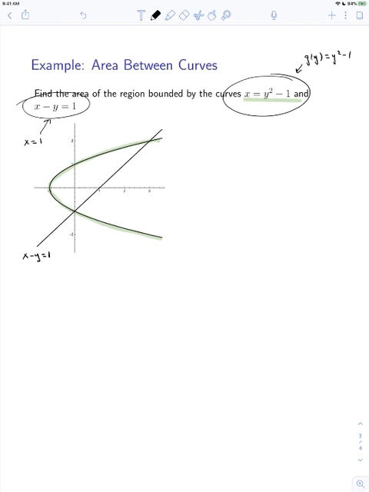X equals 1 plus y. So now 1 plus y, that can be our f. So f of y equals 1 plus y. So that's this one right here. And again, our parabola here is g of y equals y squared minus 1.